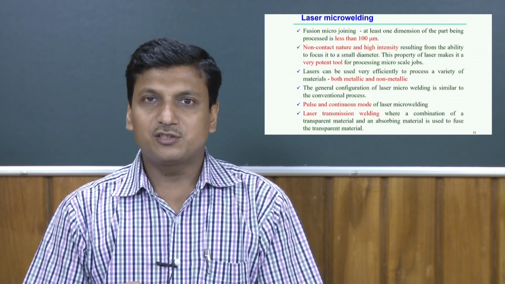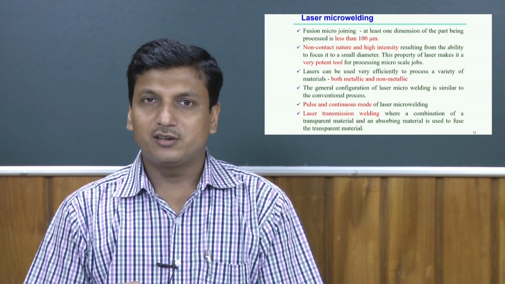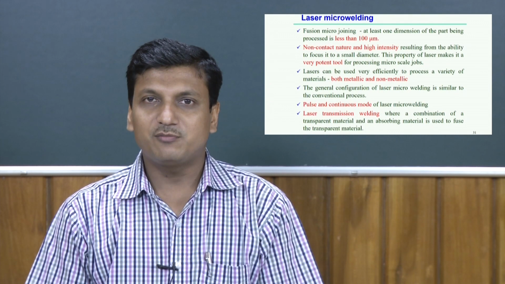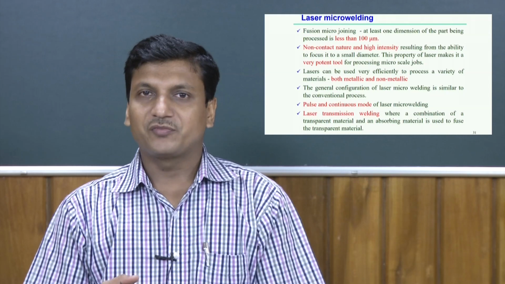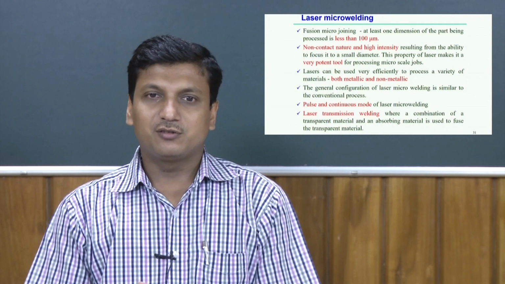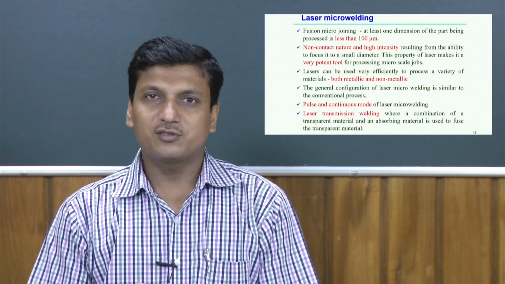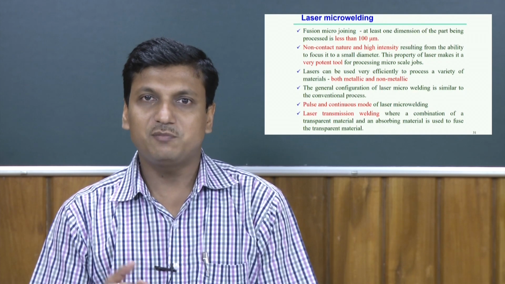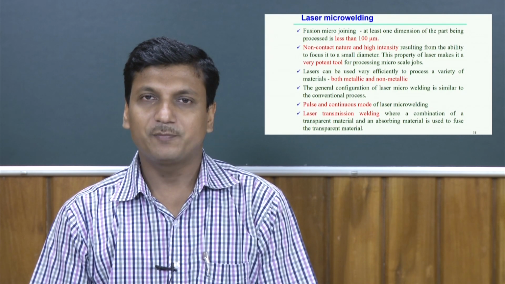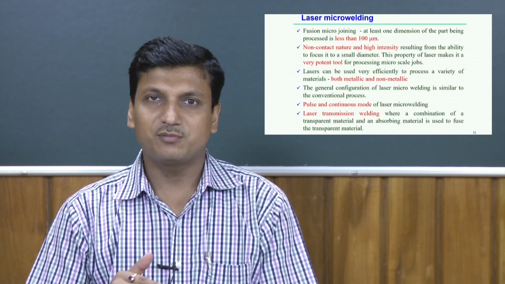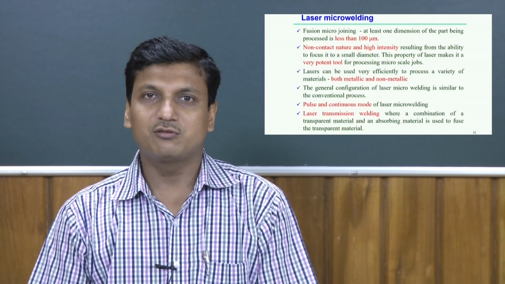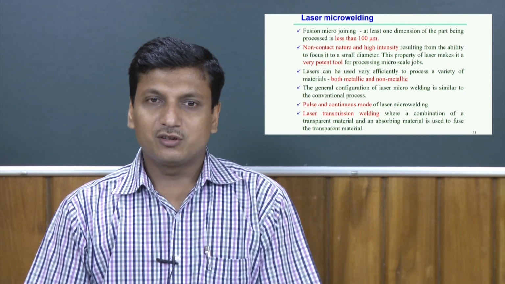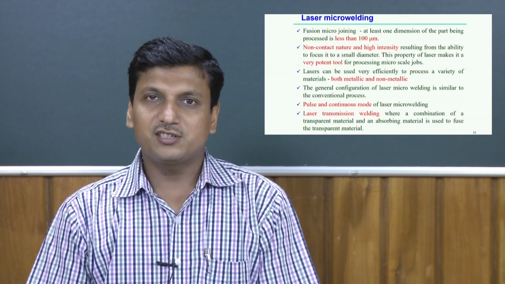So it is possible to define the laser micro welding process in terms of the power density. Normally in the laser welding process, the power density, meaning the power per unit area focused on the surface of a substrate material, is very high as compared to other arc welding processes. So this is one advantage of the laser welding process.